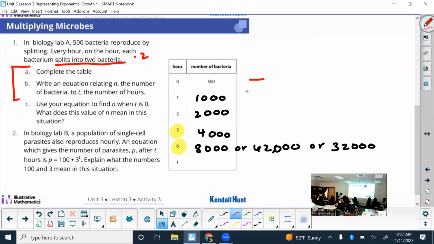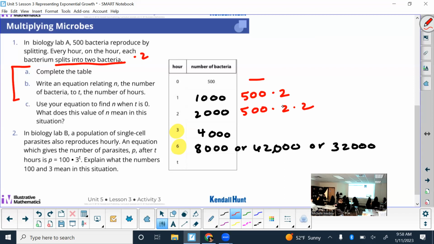So we can't really come up with one for the first one, that's what we started with. But to get to hour 1, if it doubled, we times it by what? By 2. So if it doubled, we times it by 2. Another hour, we're taking what we started with and timesing it by another 2. Isn't that 500 times 2 times 2? Isn't that 2,000?